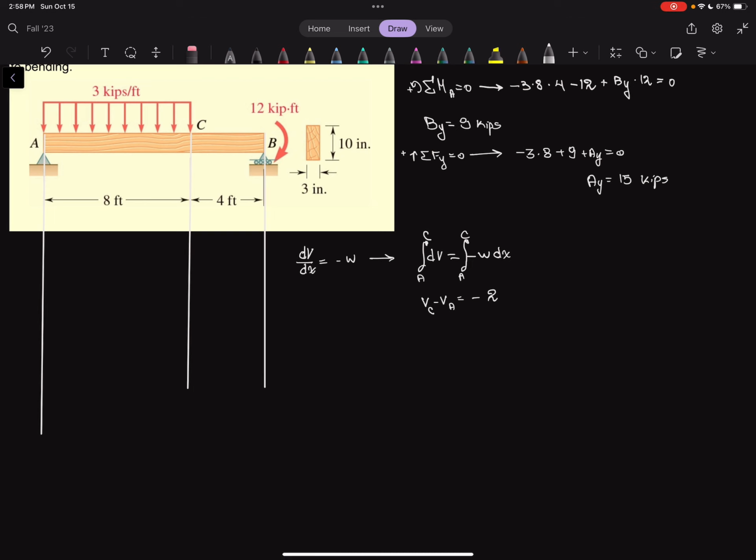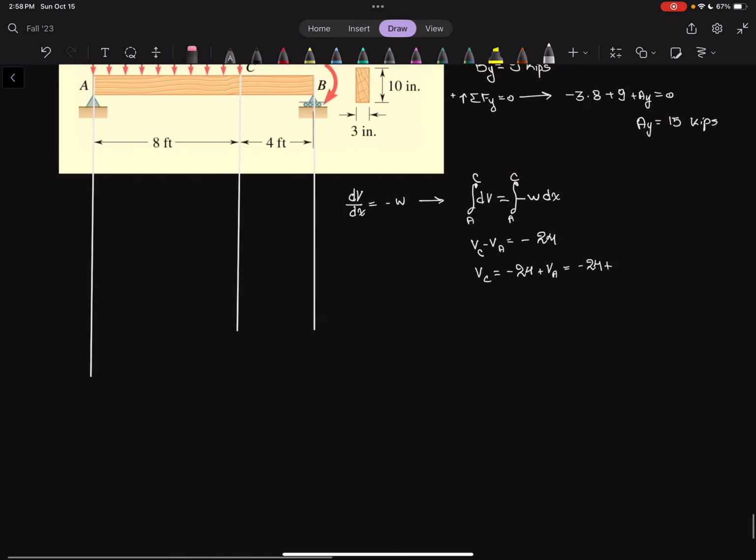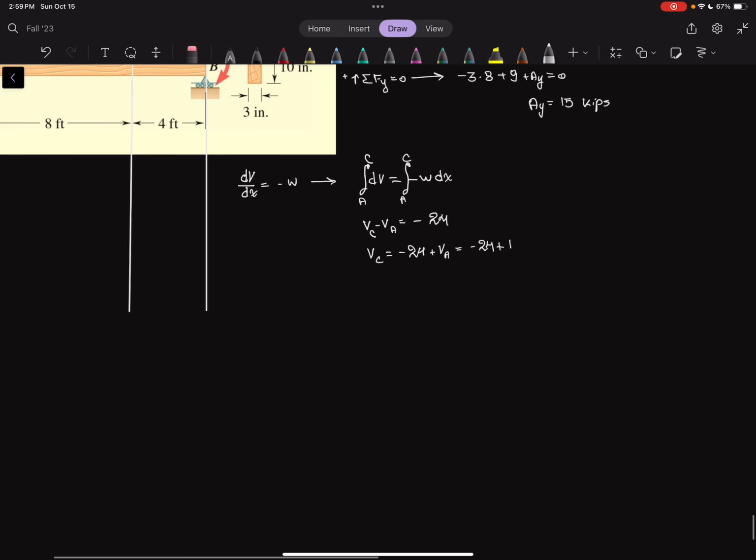And so VC is equal to minus 24 plus VA. What's the shear at A? That's my reaction force, which is 15. And so what we get is minus 9 kips.